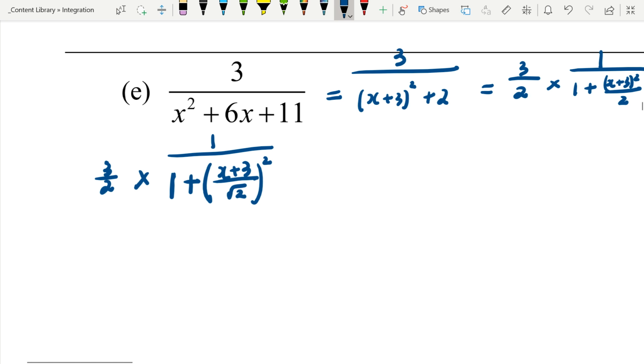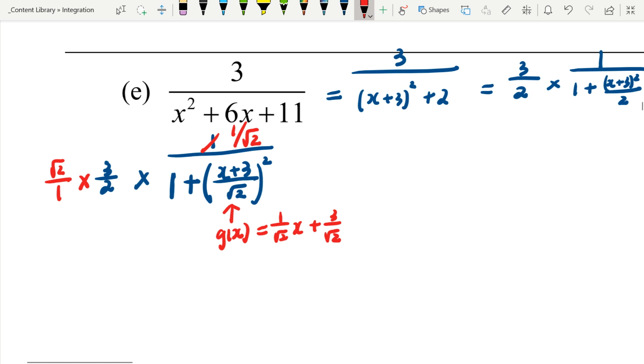Okay, I need to put the 2 into the square form. So in this case, I know this is my gx. So what's my g dash x? 1 over root 2. So I will have 1 over root 2 here. So I need to times root 2 over 1 to make it balance. Okay, so the gx is 1 on root 2 x plus 3 on root 2.